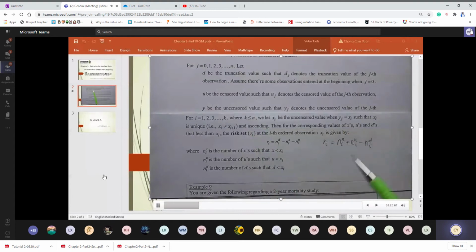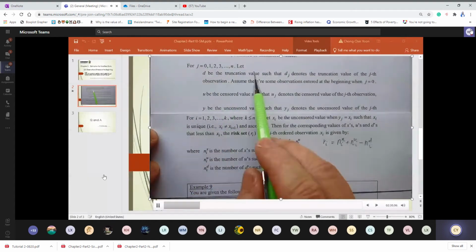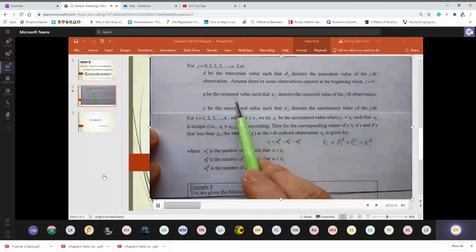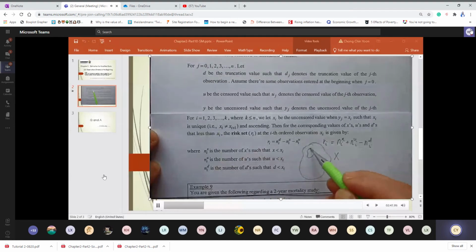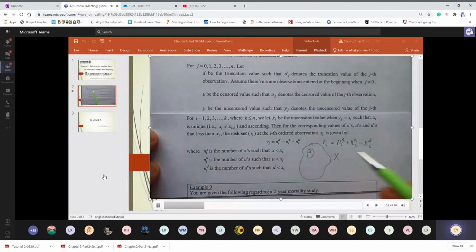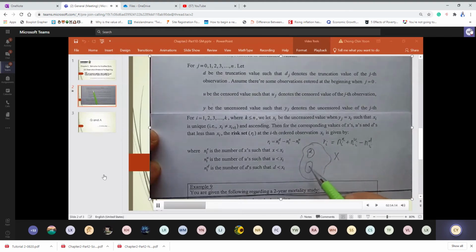Before we go further, let's look at the set of the truncation value for d, the censored value for u, and the uncensored value for y and x as well. Let's say this is a set for the random variable x, and in this set we have a set for truncation value, and another set for the censored value.